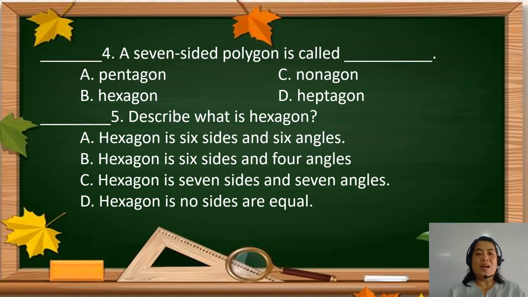A, a hexagon has 6 sides and 6 angles. B, a hexagon has 6 sides and 4 angles. C, a hexagon has 7 sides and 7 angles. D, a hexagon has no sides equal. Okay, if your answer is A, you got the correct answer.